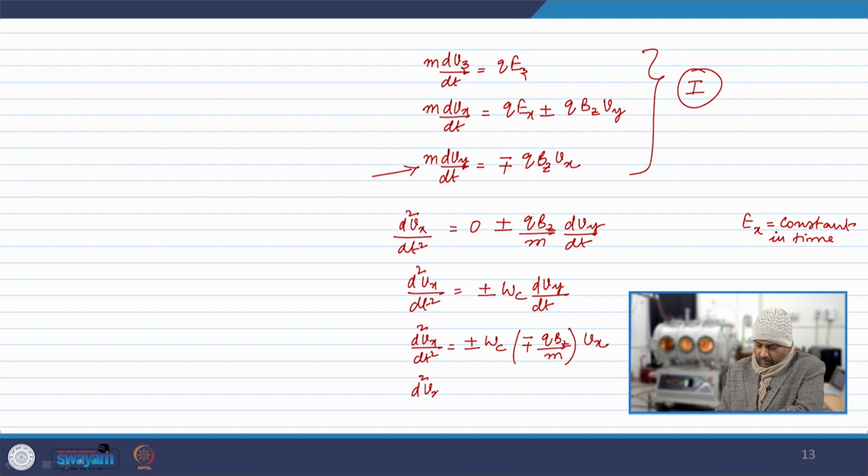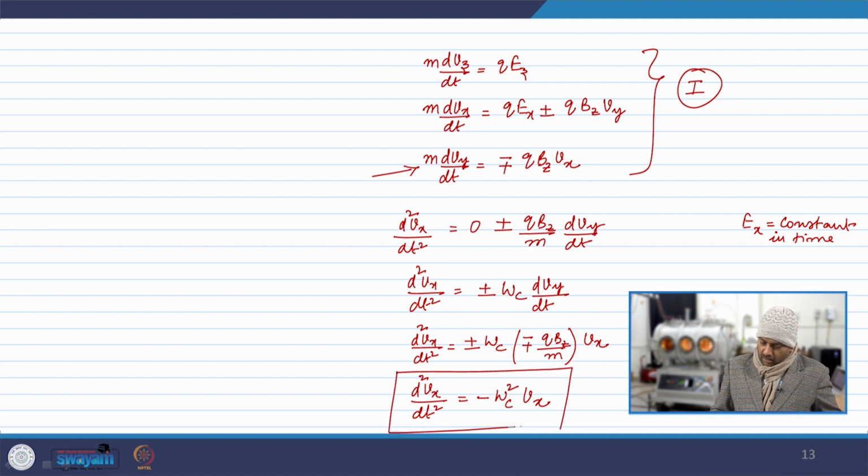So, d square vx by dt square is minus plus; multiplying plus minus will result in a minus, and qB by m being omega c, omega c multiplied by omega c is omega c square times Vx. Now we have a very interesting equation: d square Vx by dt square is minus omega c square Vx. Right.